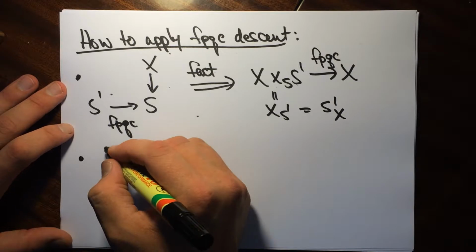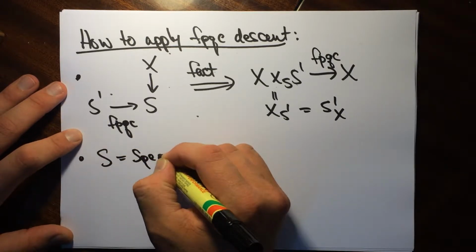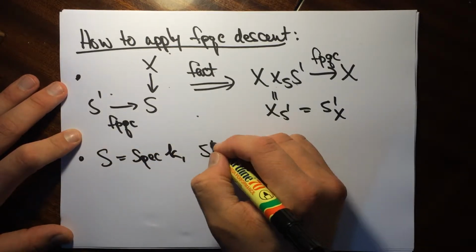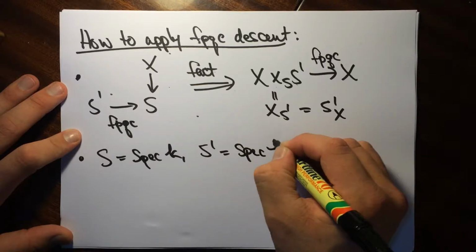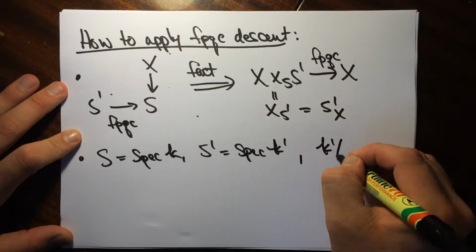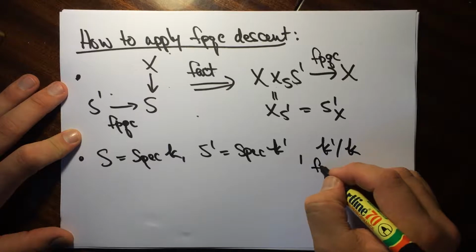And the important sub-example again is when S is Spec K, and then S prime is Spec K prime, and K prime over K is some finite algebraic extension.